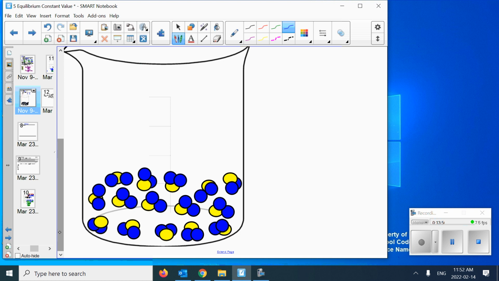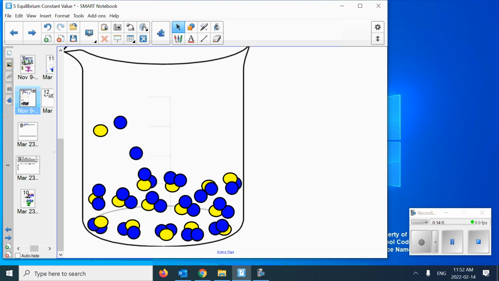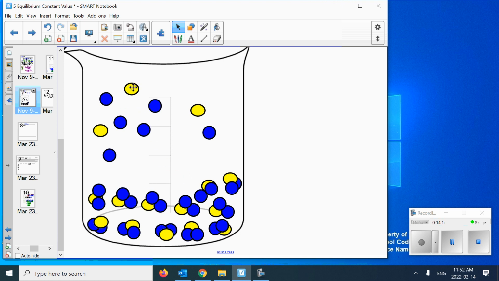I'm going to use 5 instead of 0.5 because I can. So, 1 of these breaks up, floats around. 2 of these break up. 3 of these break up, floats around. 4 of these break up. 5 of these break up.